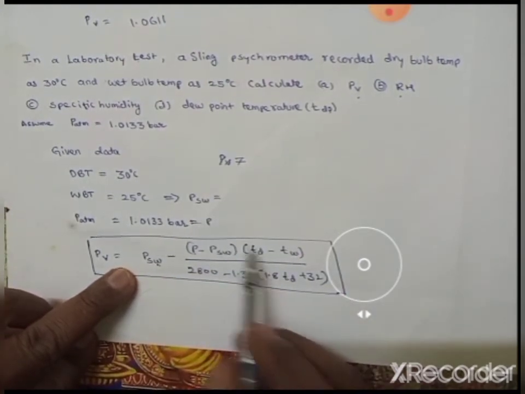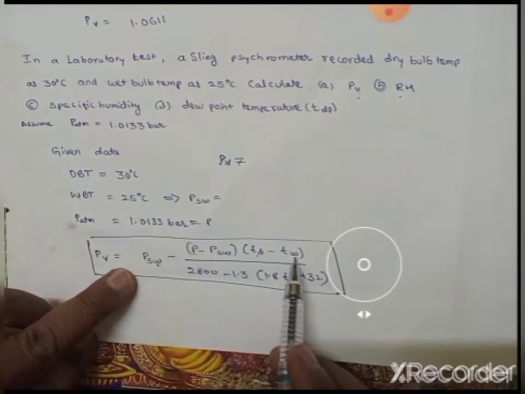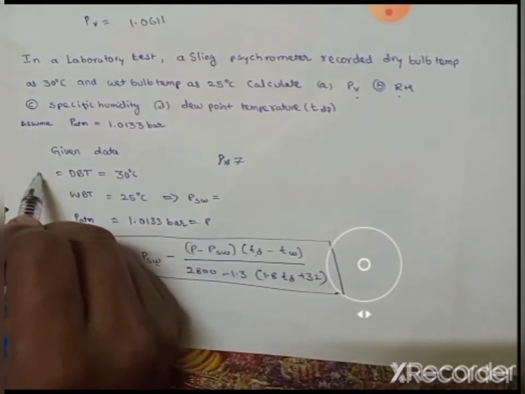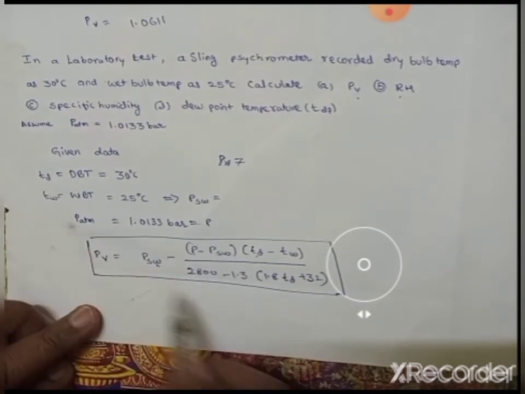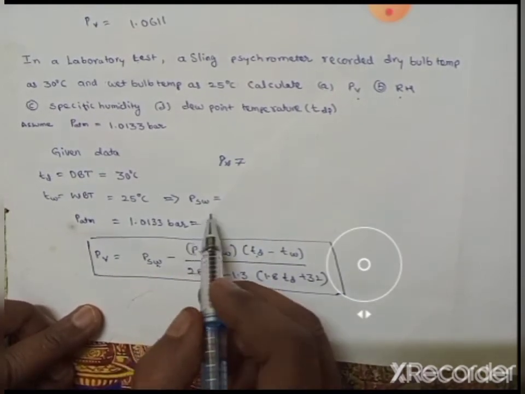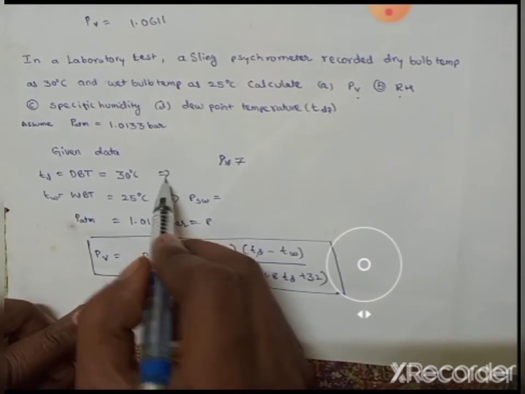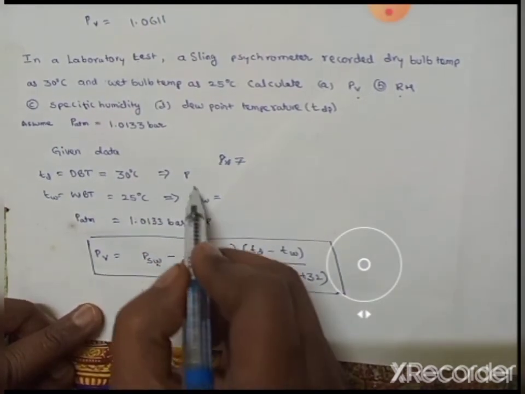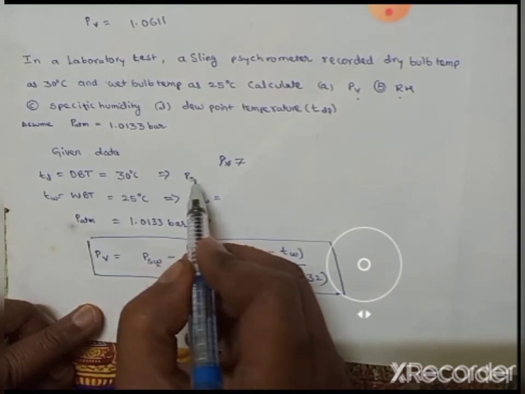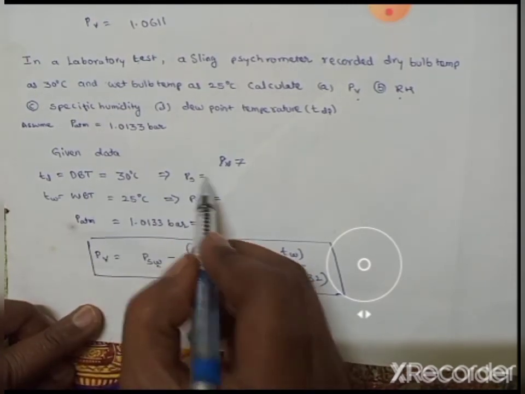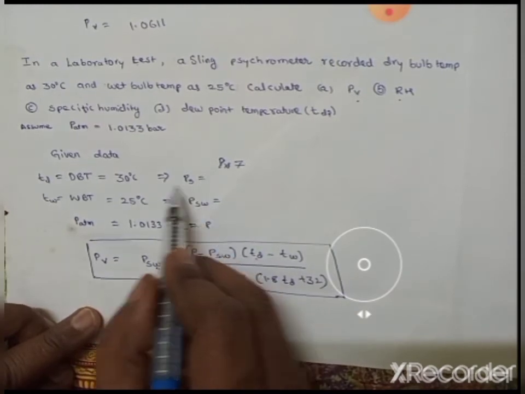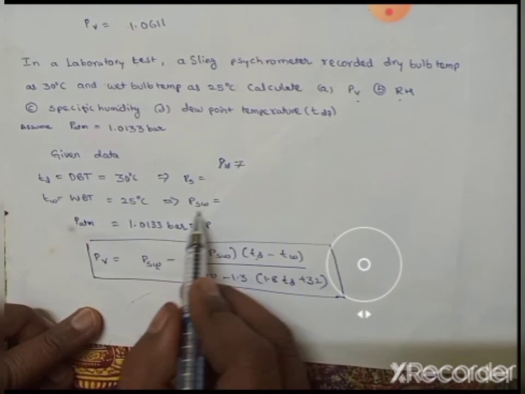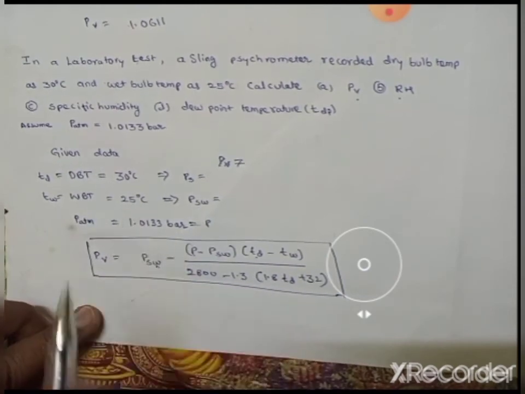Already we have the dry bulb temperature and the wet bulb temperature. From the steam table we need to collect the saturated pressure PS corresponding to the dry bulb temperature, and PSW corresponding to the wet bulb temperature.